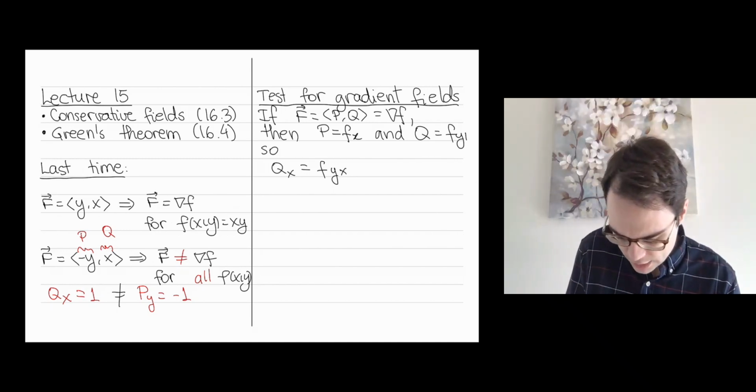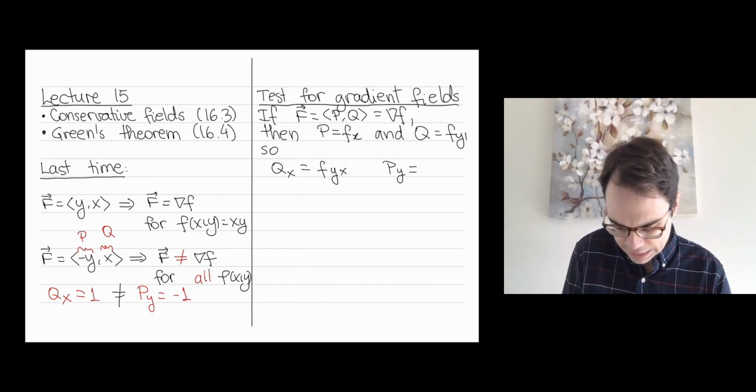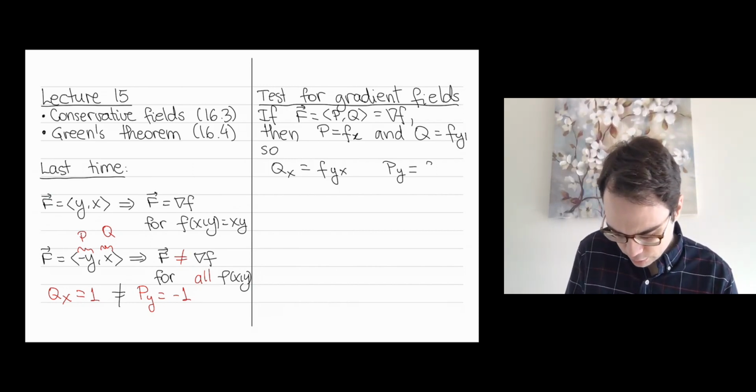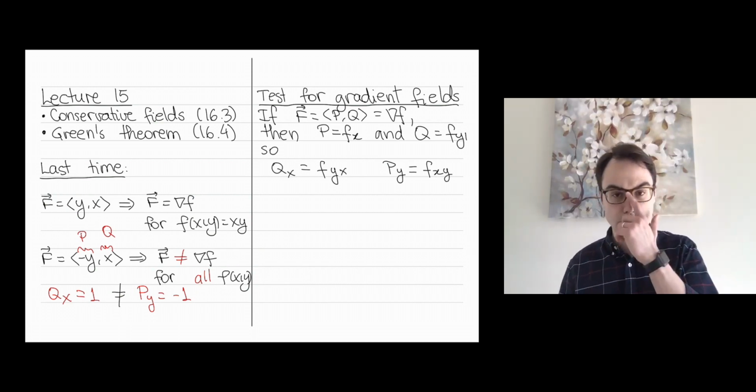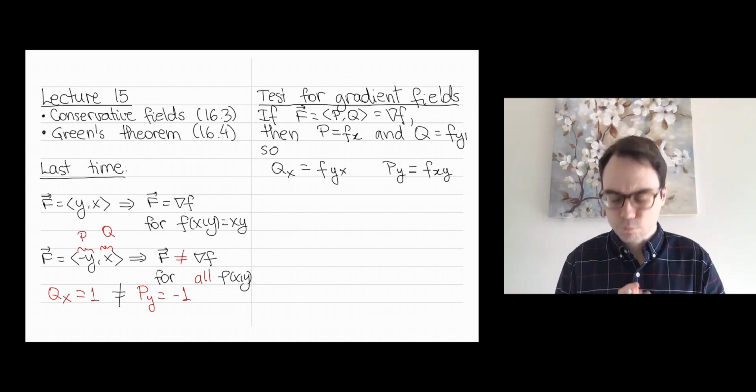On the other hand, P sub y, the y partial of the first component of the vector field, is the y partial of the x partial of the function. So that's the second order derivative.